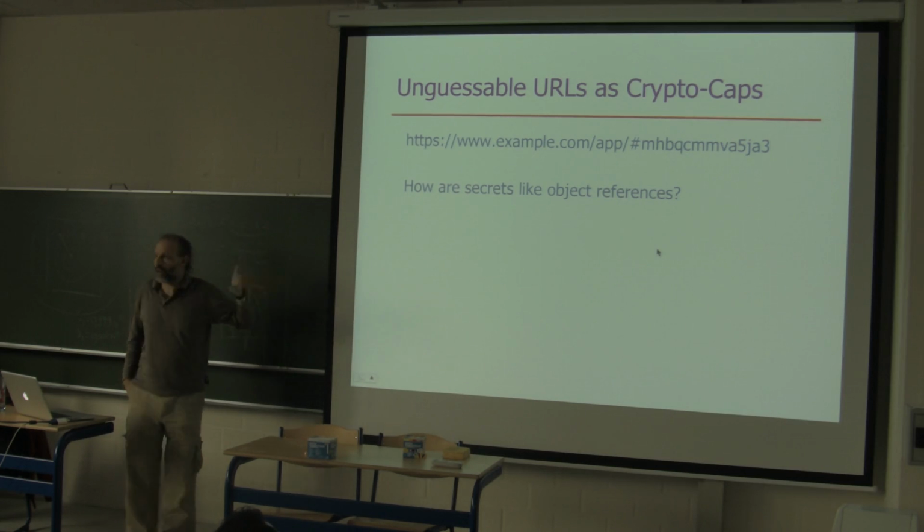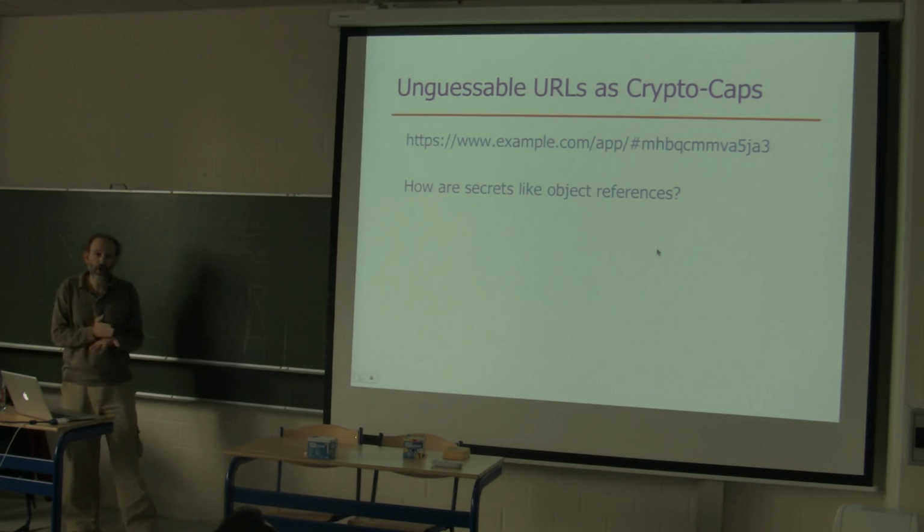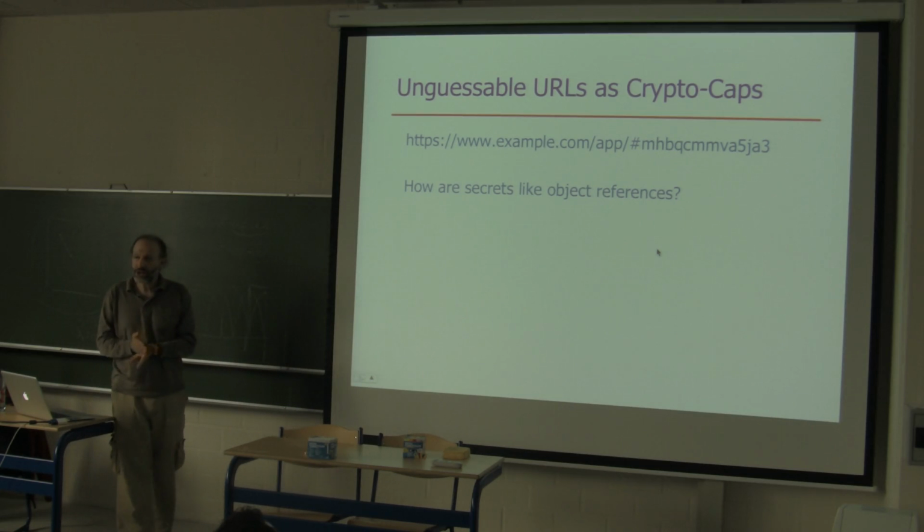And why does this actually work in stretching the reference graph? Well, it's because of a strong analogy between the nature of unguessable secrets and the logic of object references. If you don't know an unguessable secret, you can only come to know it if someone else who already knows it tells it to you.